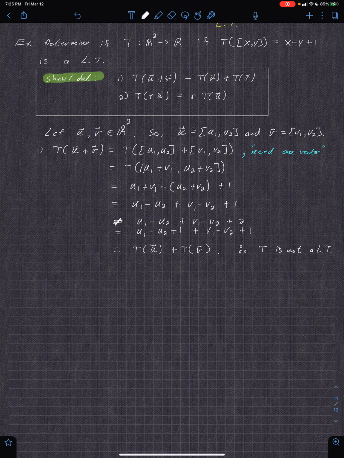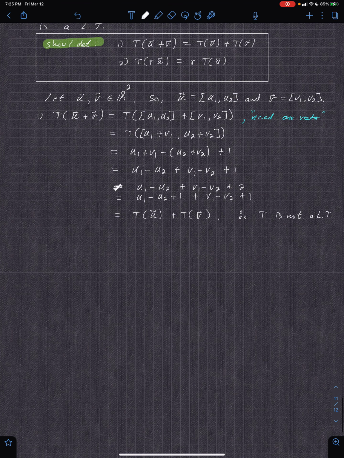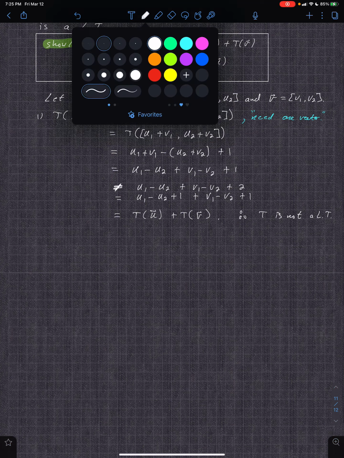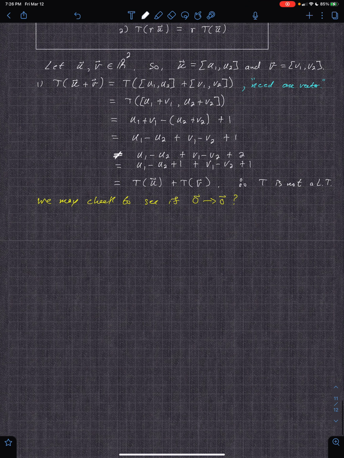Now, that was the tough way to do it. I just mentioned up here about 0 going to 0. We could just check to see if 0 maps to 0. So let's do that. We may check to see if 0 maps to 0. You're really just going to be doing T of the 0 vector.